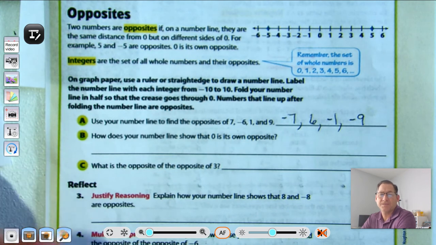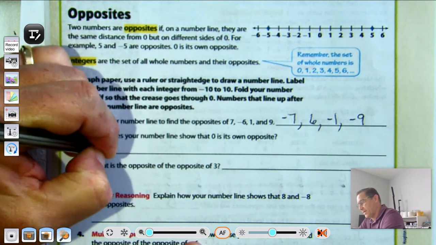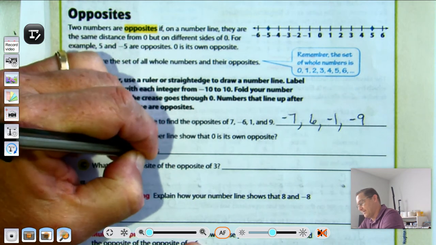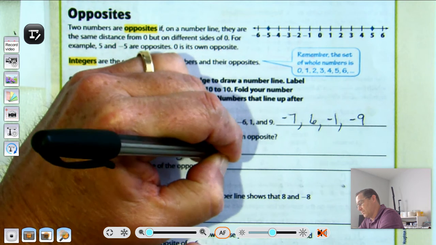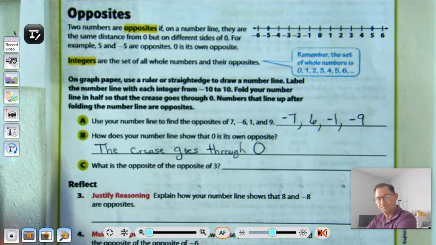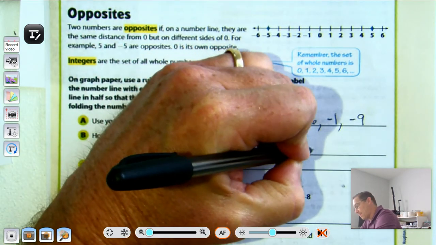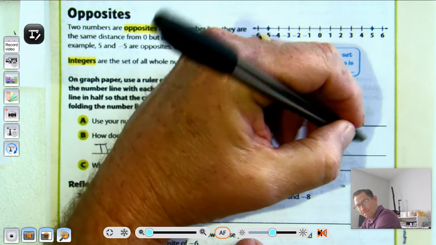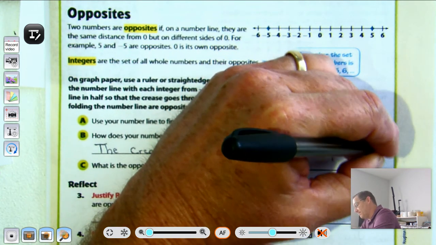So how does your number line show that 0 is its own opposite? The crease goes through 0. So 0 lines up with itself.